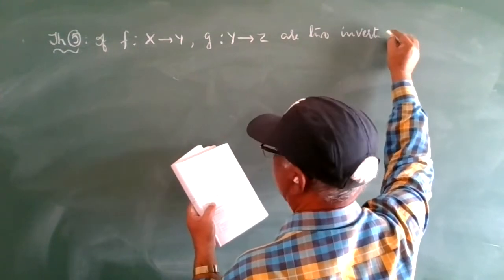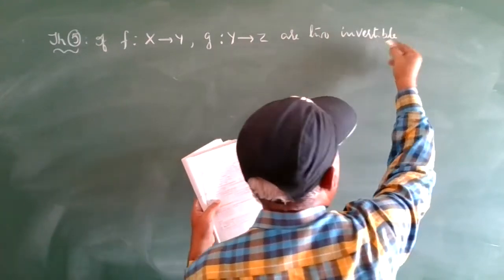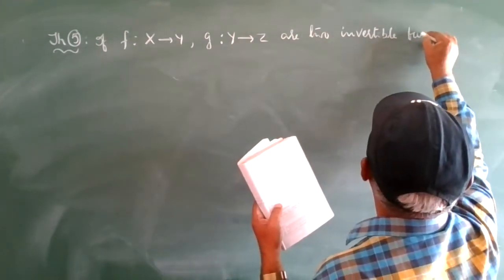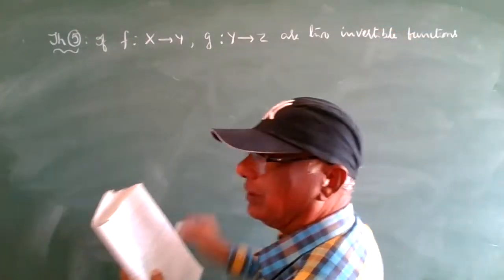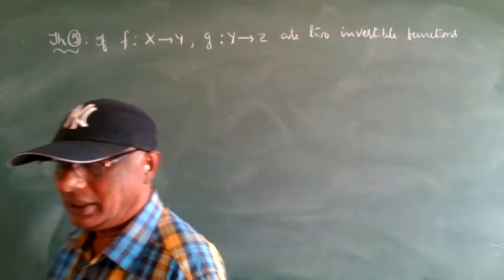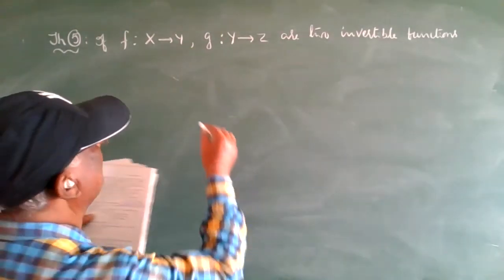Invertible means the inverse exists, and having an inverse means bijective. Invertible functions mean the inverse exists.